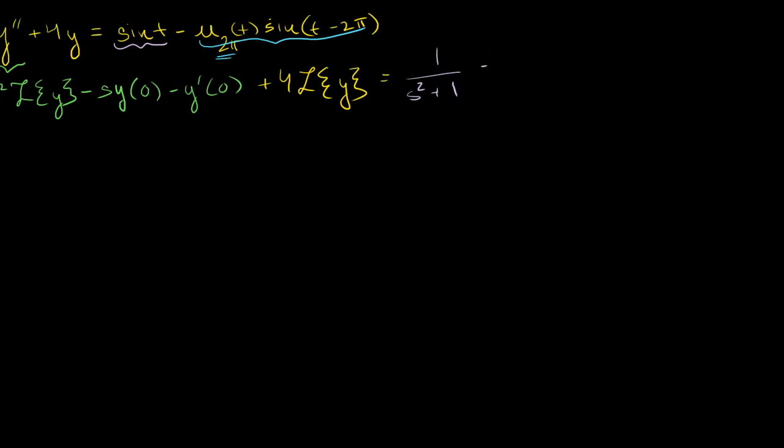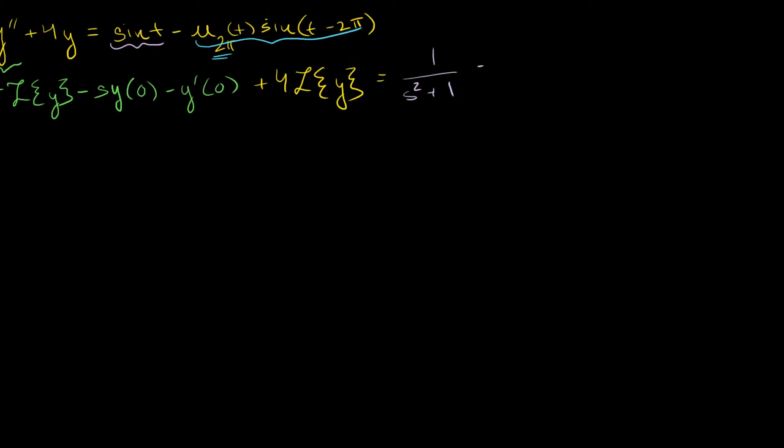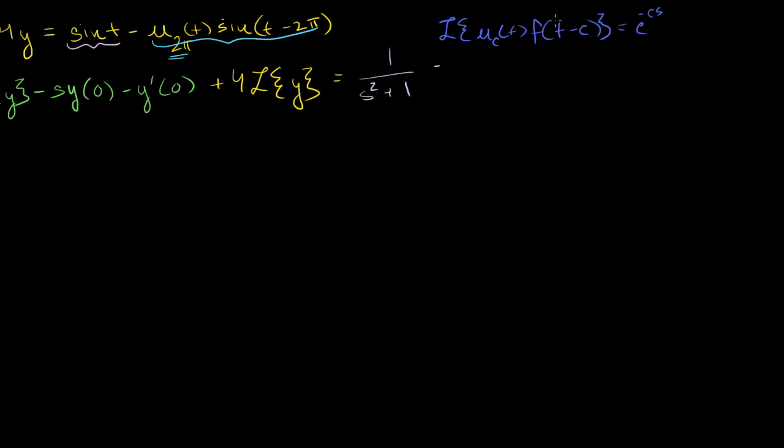The Laplace transform of the unit step function that goes up to c times some function shifted by c is equal to e to the minus cs times the Laplace transform of just the original function, the Laplace transform of f of t.